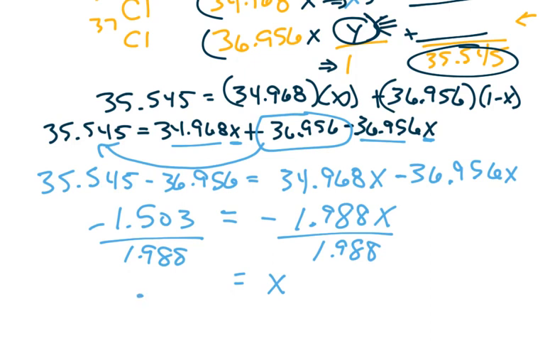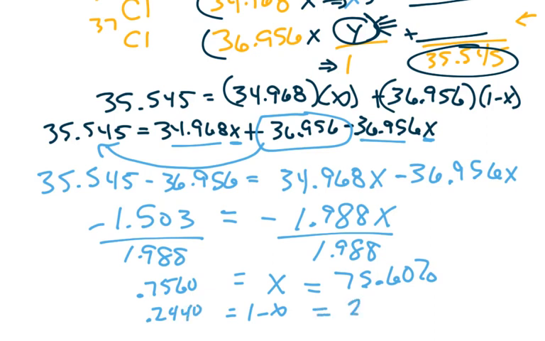X equals 0.7560 equals 75.60%. And that means the 1 minus X equals 0.2440 equals 24.40%.